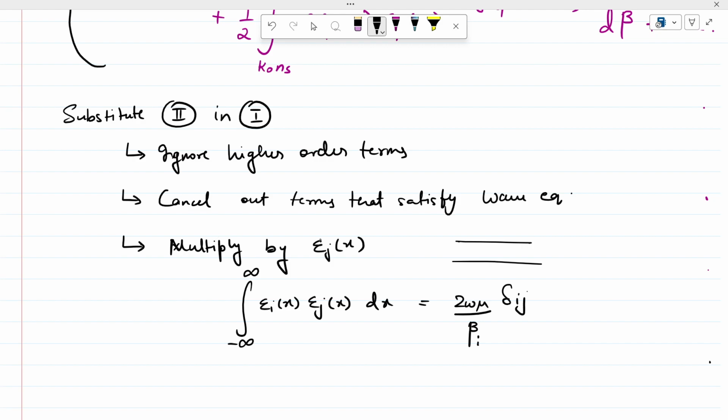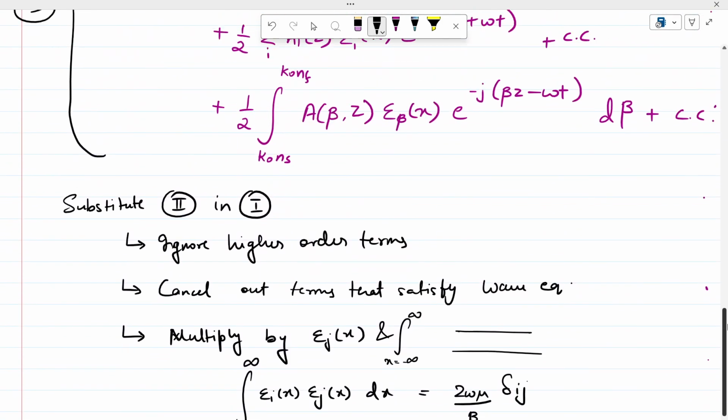So now if I multiply whatever equation I get with Ej of x, I will be left with only terms corresponding to the mode j. So finally the equation that we get is: multiply by Ej and integrate over x from minus infinity to plus infinity. Then I'll be left with only the mode j terms. So finally I'll get a relation for the amplitudes of mode j.